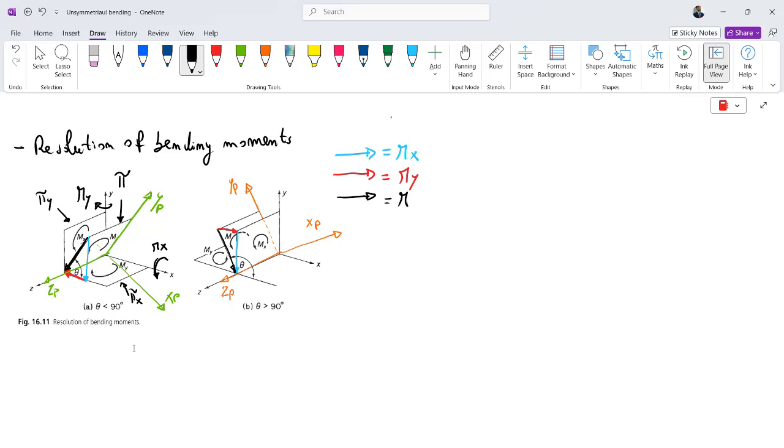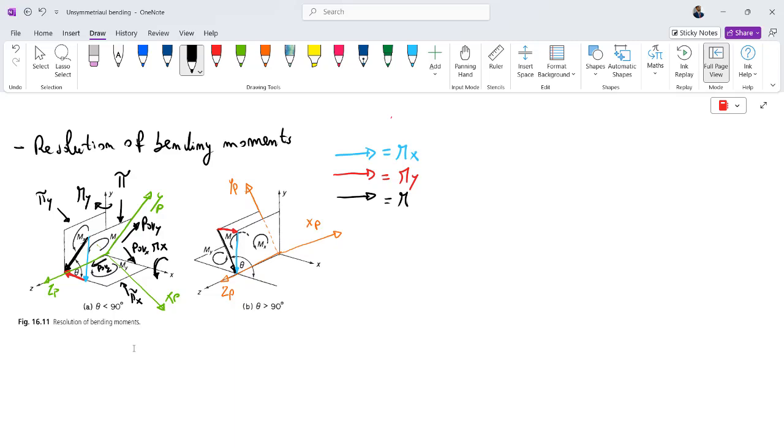But we have another consideration to make, which is the point of view from which I am seeing this moment. The point of view is always in this direction for x, pov y, and pov z.